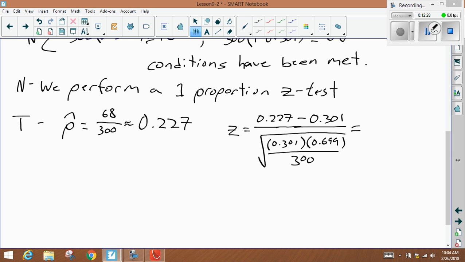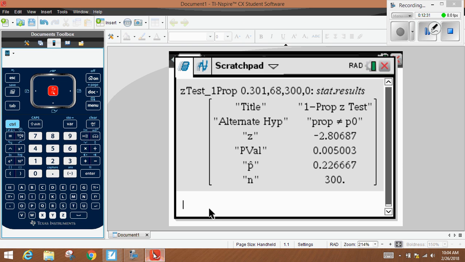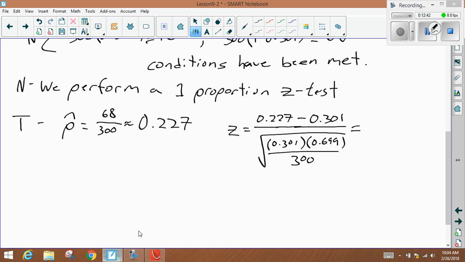Our handy dandy calculator has given us a value for that, which is negative 2.807.